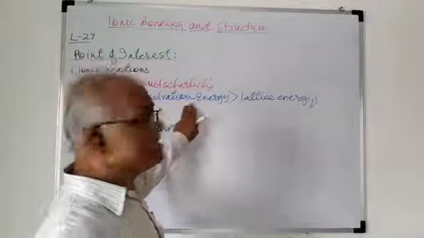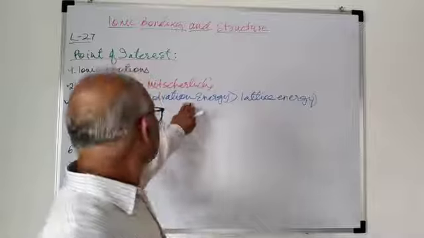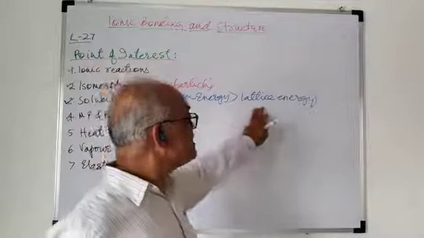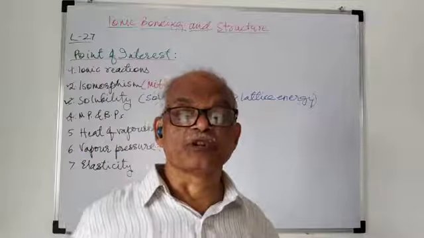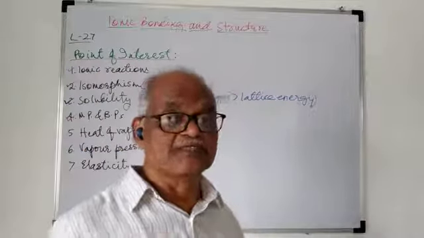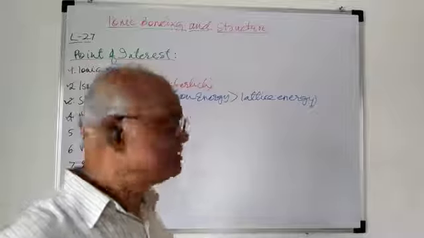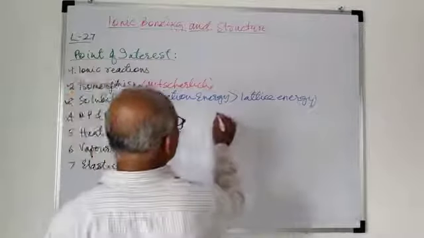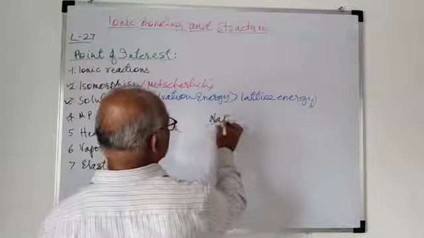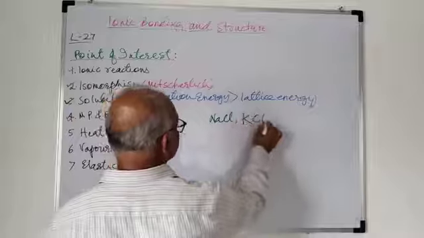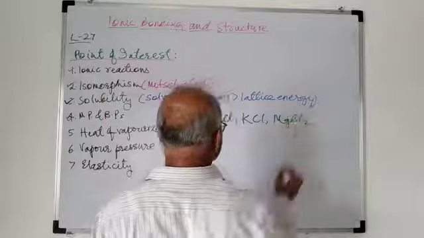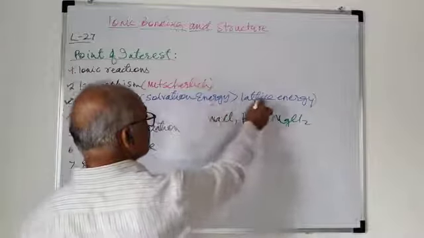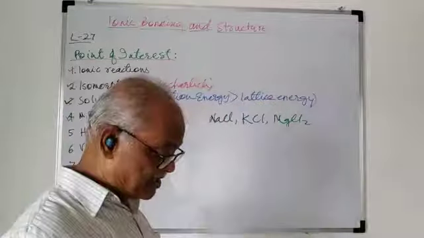In such a case where solvation energy is higher than lattice energy, the solvation of the solute, that is the ionic solid, takes place. The solid can be, say, NaCl, KCl, etc., or MgCl2, etc. So this solvation energy is better than lattice energy.